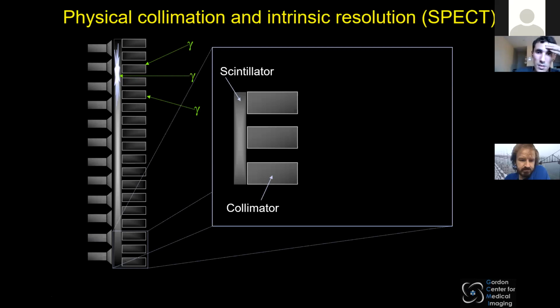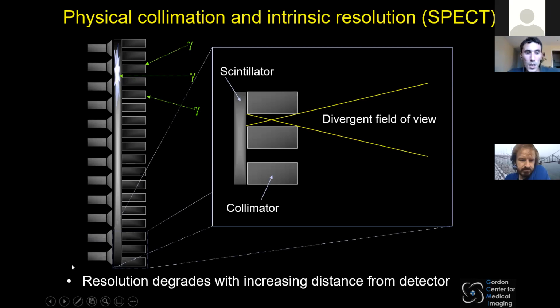Those collimators actually cause quite complicated properties of the spatial resolution. The resolution is going to degrade with increasing distance from the detector. Things that are in this area of the image are going to have a much worse resolution than if you are closer to the collimators, because signal coming from here can come from anywhere in this area, and that effect is smaller as you get closer to your collimators.